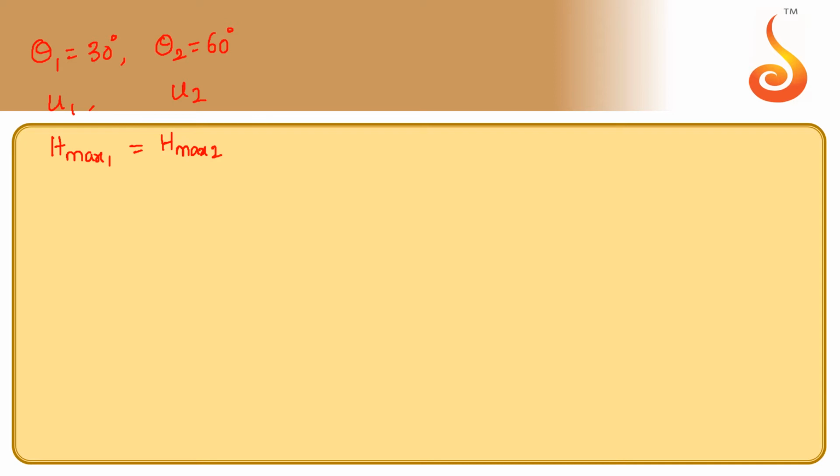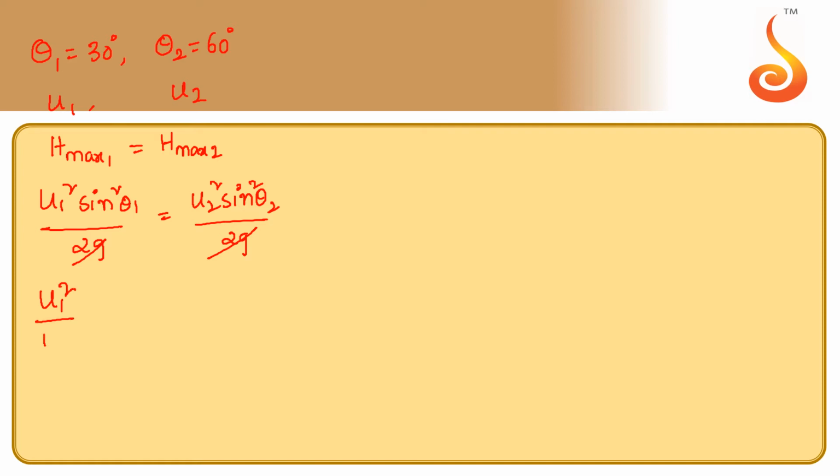Therefore, we know that h max is equal to u1 square sine square theta 1 by 2g, which is equivalent to u2 square sine square theta 2 by 2g, and 2g gets cancelled. Therefore, u1 square by u2 square is equivalent to sine square theta 2 by sine square theta 1.